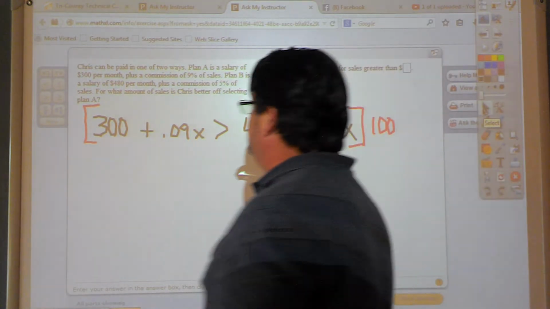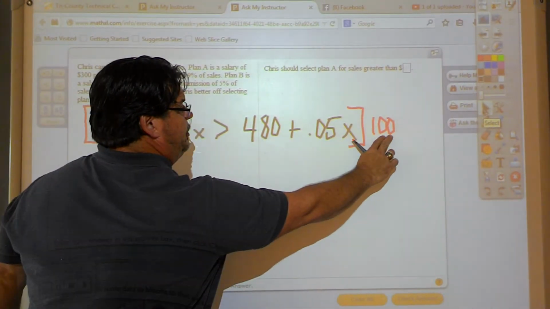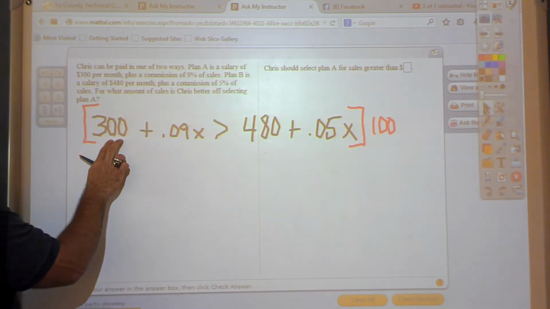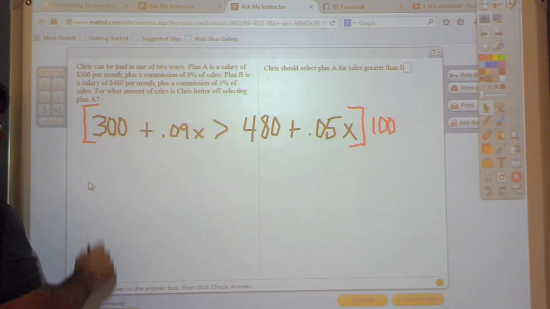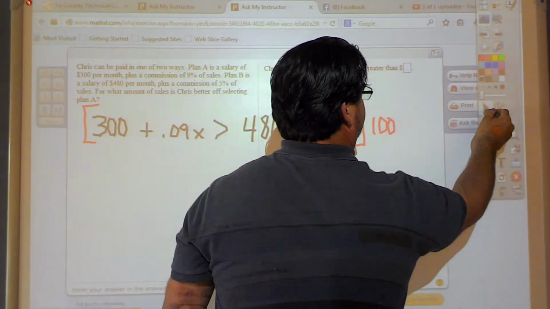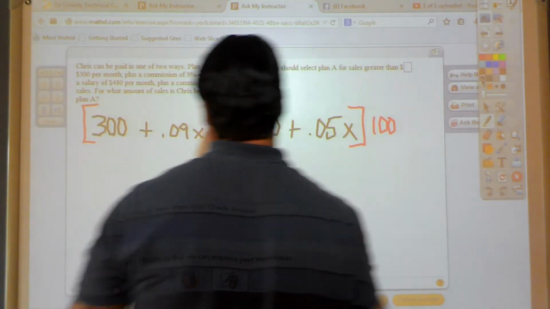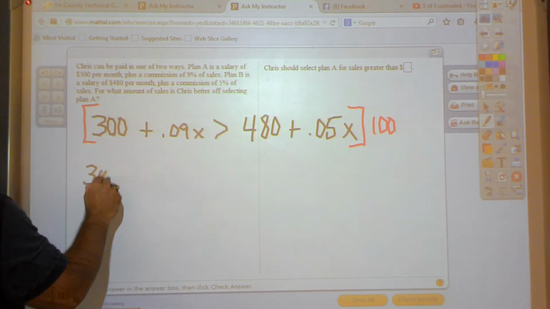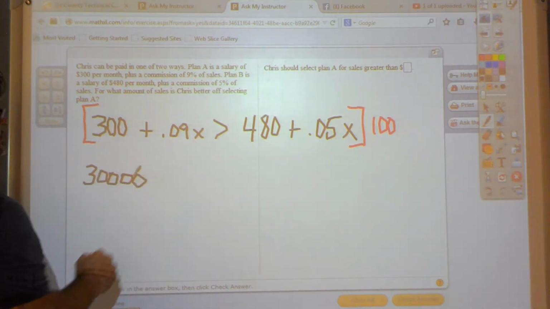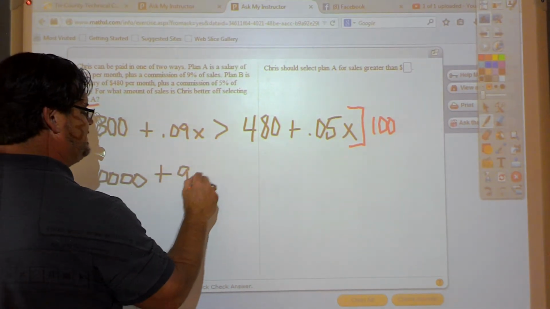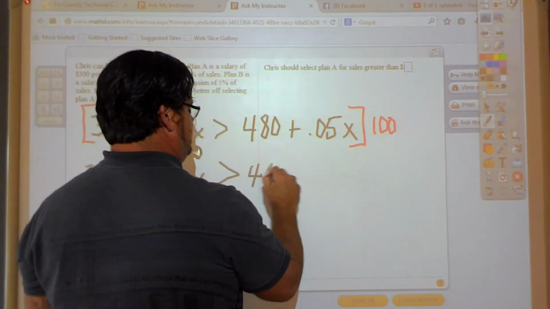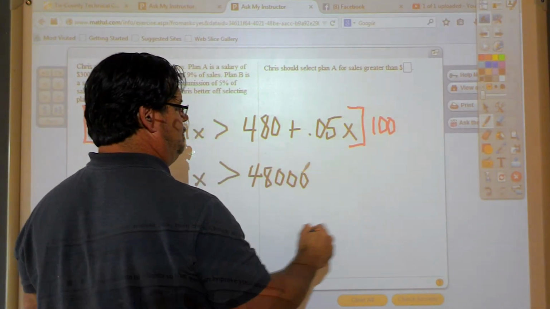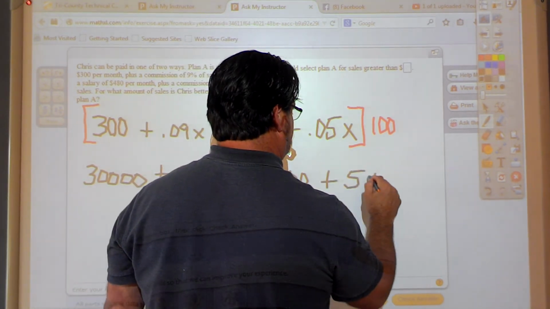All right. So what am I going to do with this 100? I'm going to multiply it through, and that gives you 2 more zeros here, so that makes 30,000. 300 plus 2 zeros plus 9x is greater than 48,000 plus 5x.